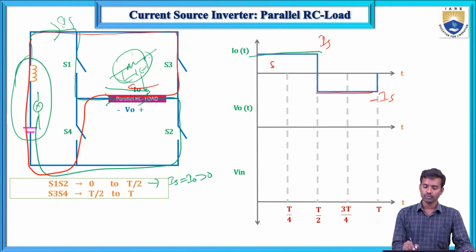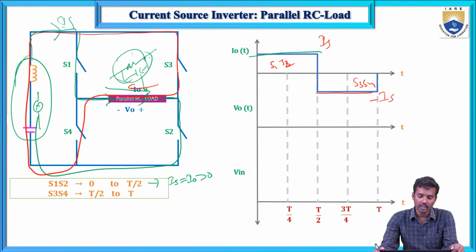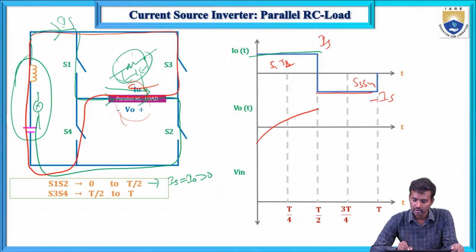Now for the parallel RC capacitive load, depending upon the load only, voltage changes. So now here this voltage is exponential.